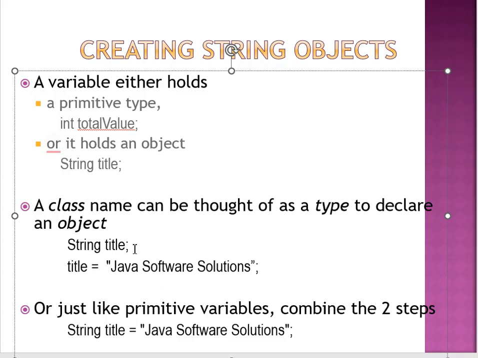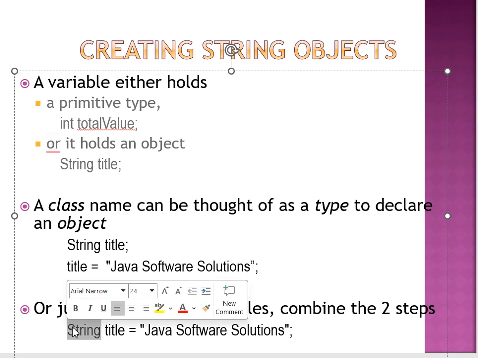So when we declare a string like that, here we are assigning it to an object. Just like primitive variables, we can combine a declaration and assignment in one statement like that. So we are declaring an object of the type class String. Remember, the String class already exists for us to use.